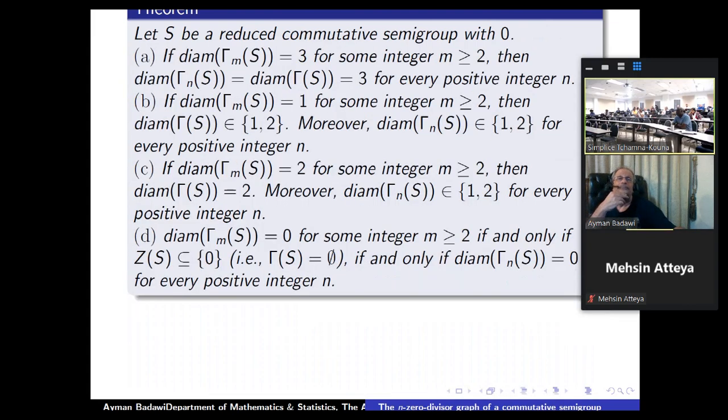Okay. Here is a complete answer for reduced commutative ring.